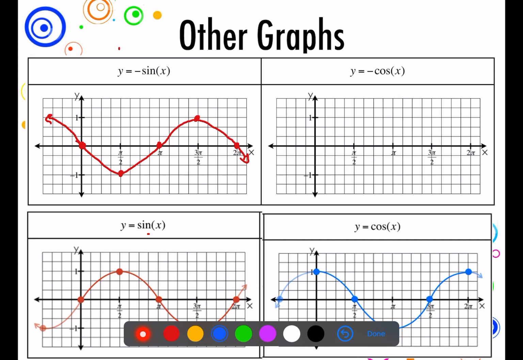For my negative cosine graph, again, I'm just going to flip where those values are. So we would have started at 1 on the y-axis. For negative cosine, we start at -1. And again, the values just flip. So at pi, where we would have been at -1 in cosine, we're at +1.